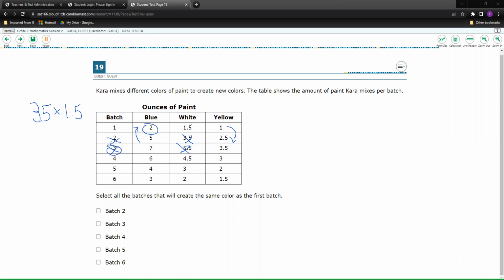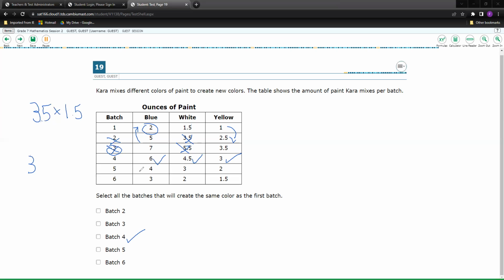What about 4? 6 divided by 2 is 3. 3 times 1.5 is 4.5. 2 times 3 is 6. 1.5 times 3 is 4.5. And 1 times 3 is 3. So yes, 4 matches.